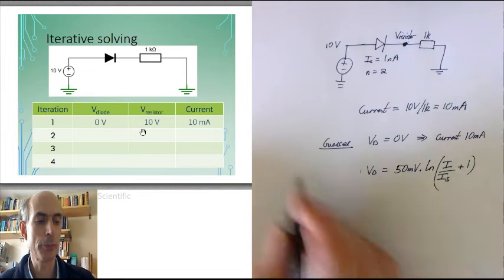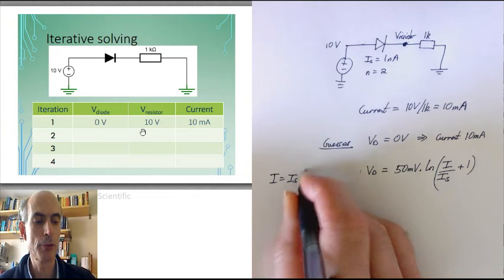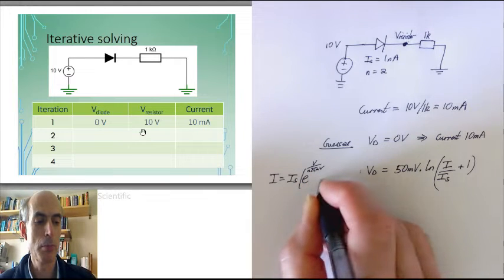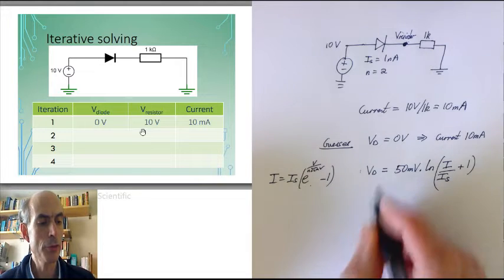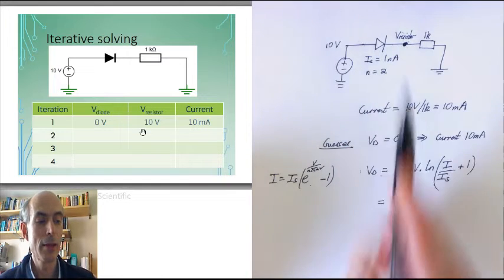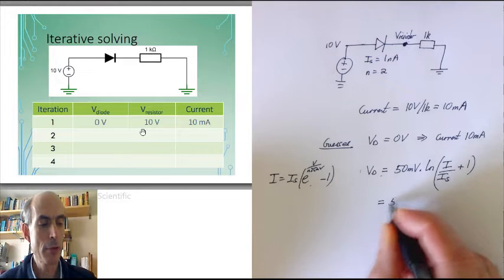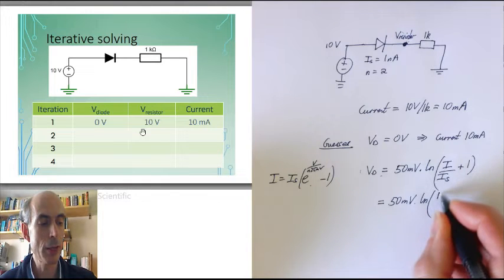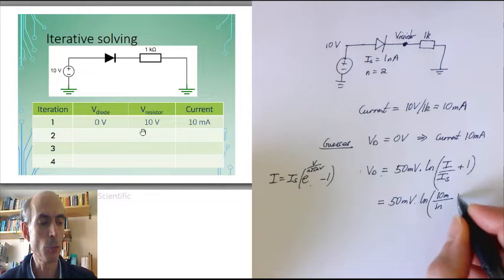And this formula just comes from taking the Shockley equation, I equals Is e to the power of V over N 25 millivolts minus 1, and doing a bit of algebra on it. This equation here then predicts that the voltage across the diode, if the current really was 10 milliamps in the circuit, would be 50 millivolts times the natural logarithm of 10 milliamps divided by the saturation current, 1 nanoamp, plus 1.